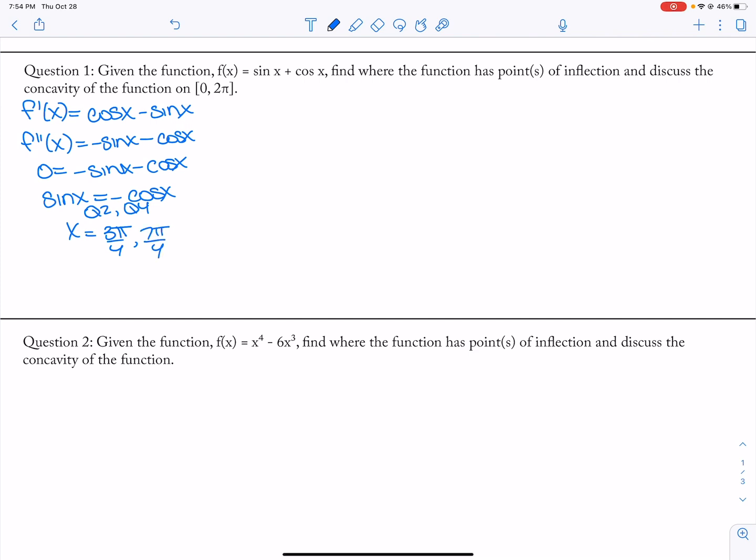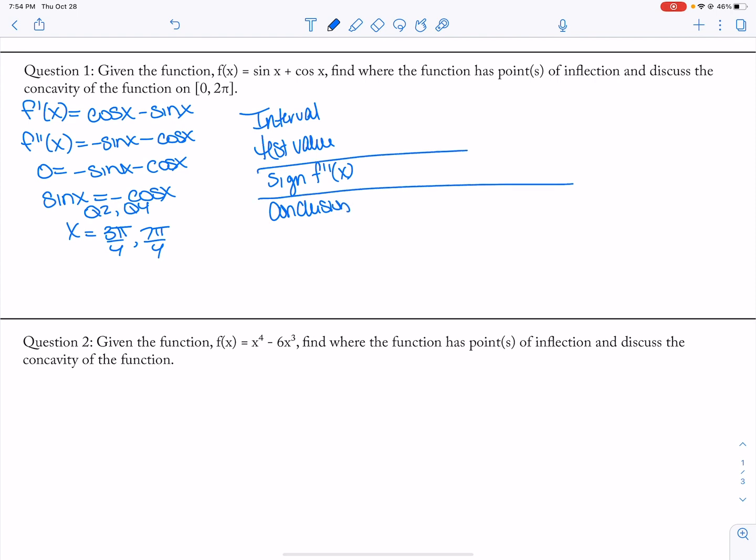So I'm going to make a table: interval, test value, sign of f double prime of x, and conclusion.